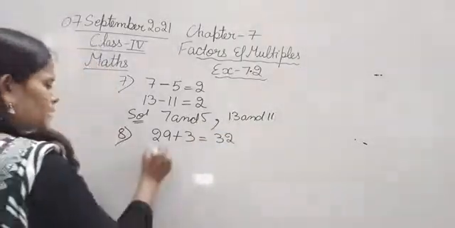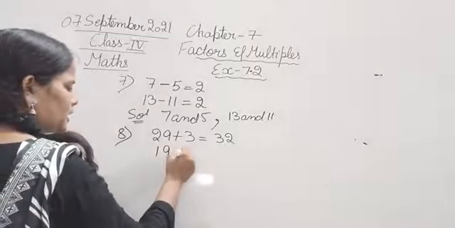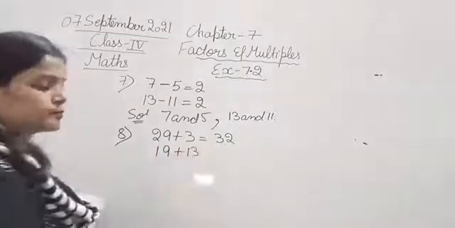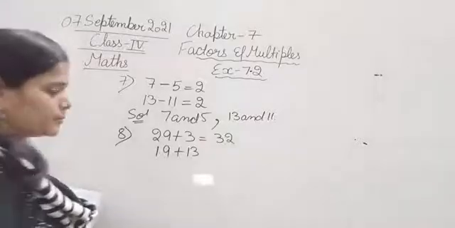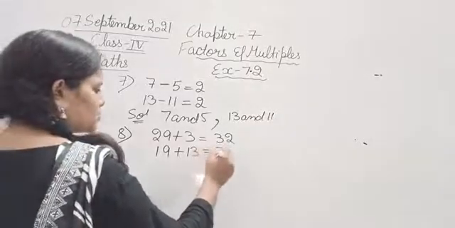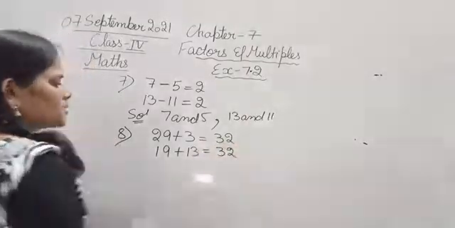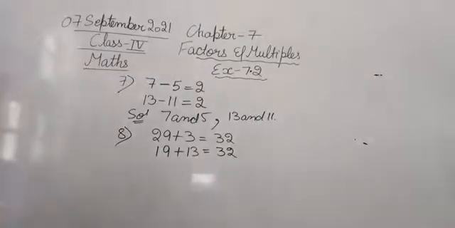Similarly if we add 19 and 13, they both are prime numbers and their sum is also 32. So these are the 2 pairs of prime numbers whose sum is 32.